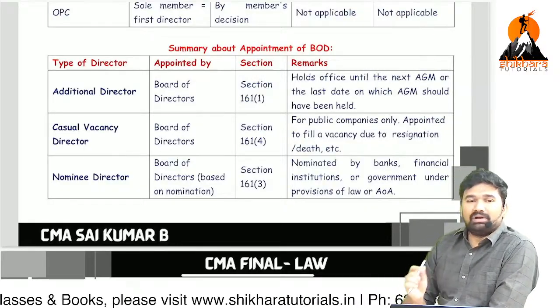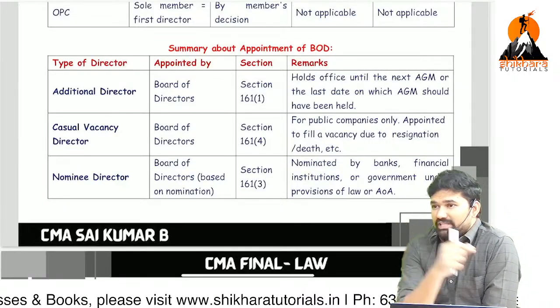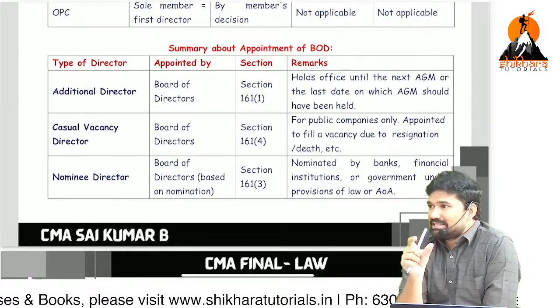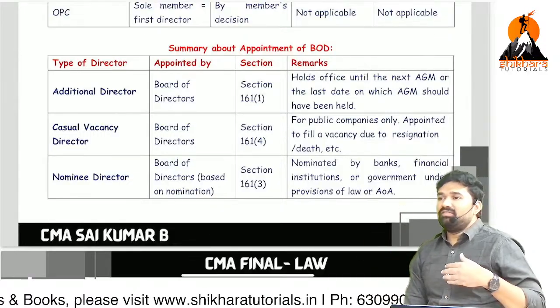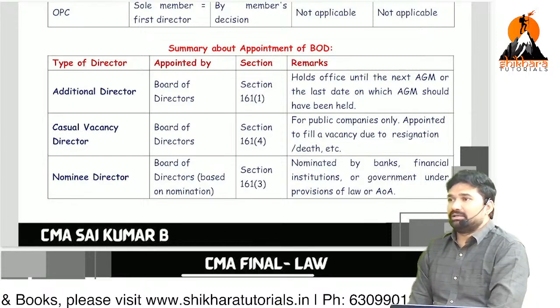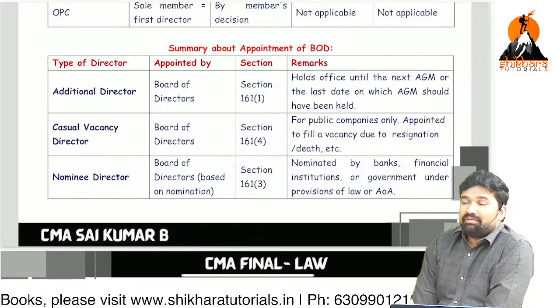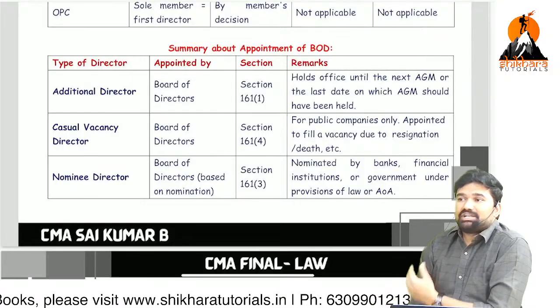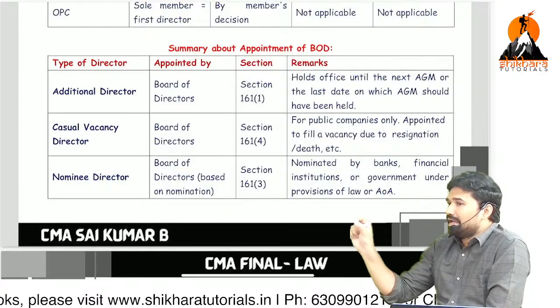Say, for example, if an experienced fellow is there and we wish to utilize his services, and we offer employment to that person, he will simply reject. That is why we offer directorship to that person. Directorship will not come under employment.